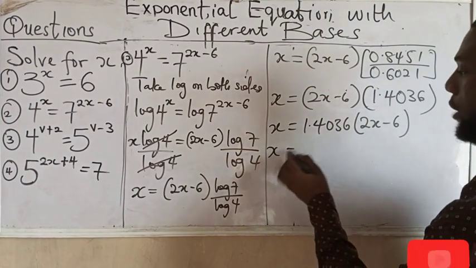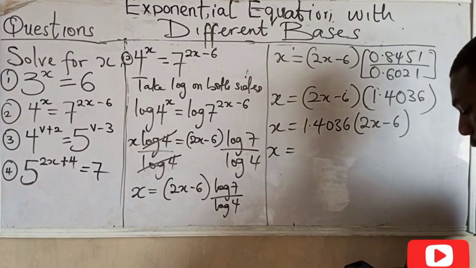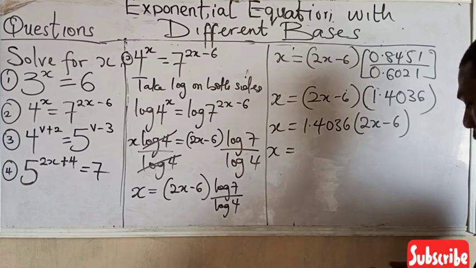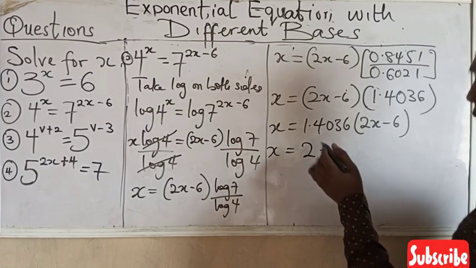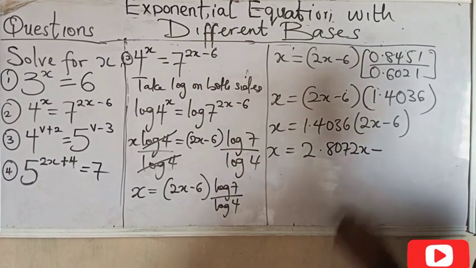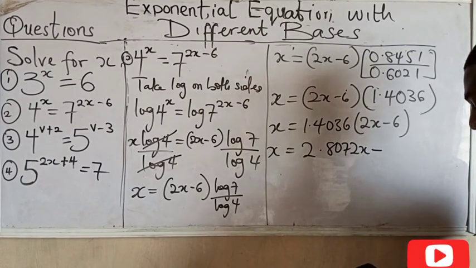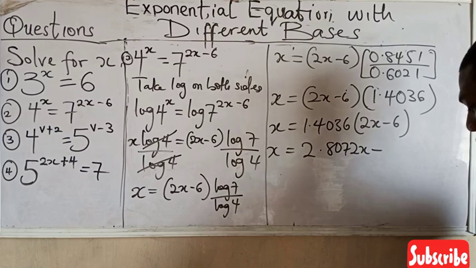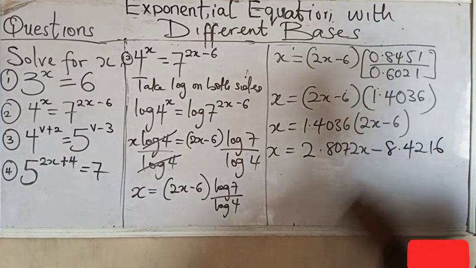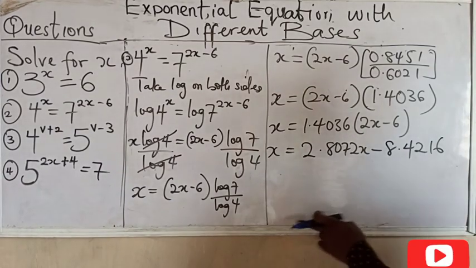So we have x equals 1.4036 times 2, then we have 2.8072x minus 1.4036 times 6, and we have 8.4216. So we are going to take like terms.